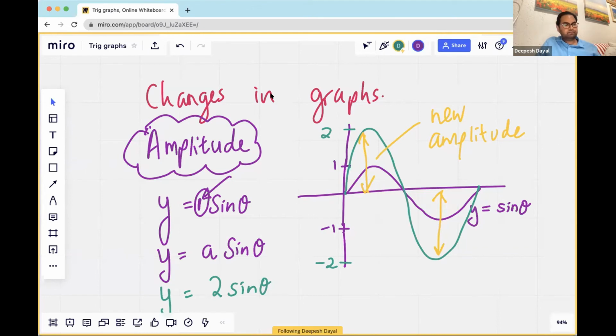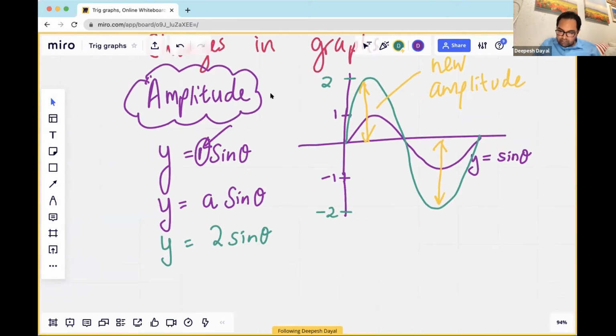Okay. Then we get changes in the period. Any questions though regarding changes in the amplitude? No? Okay.